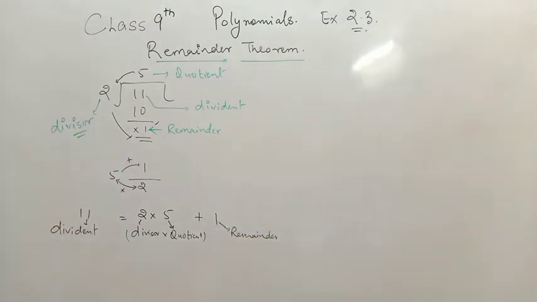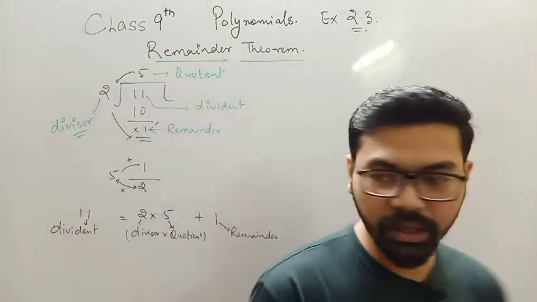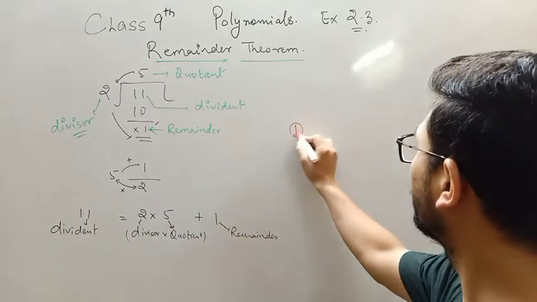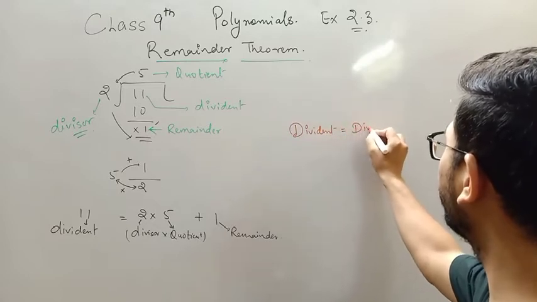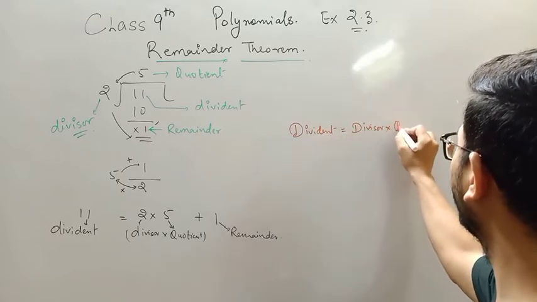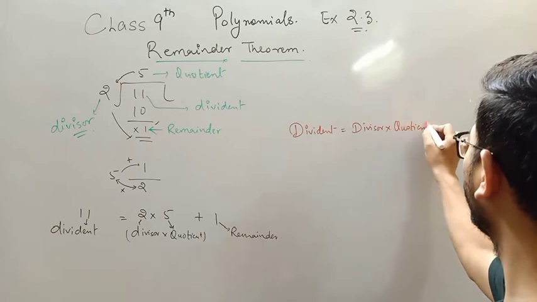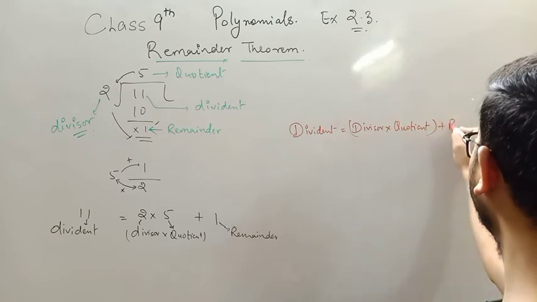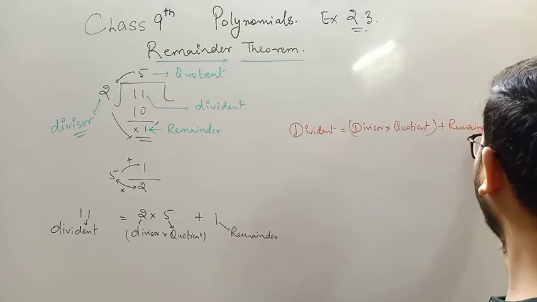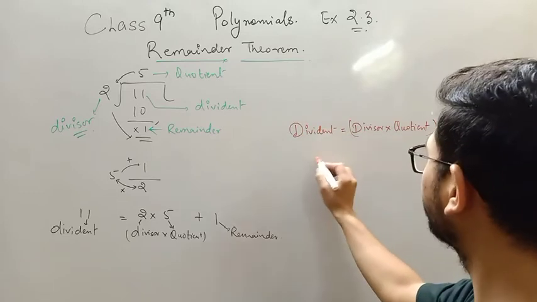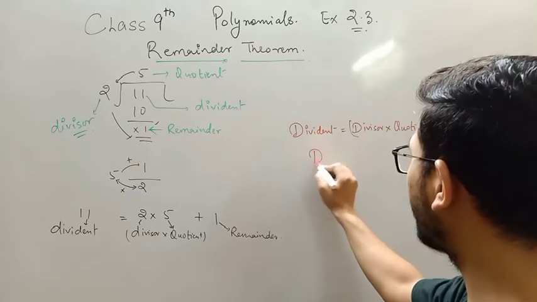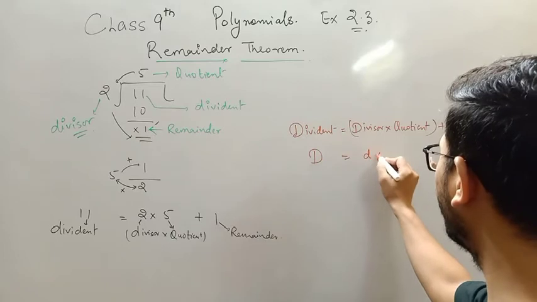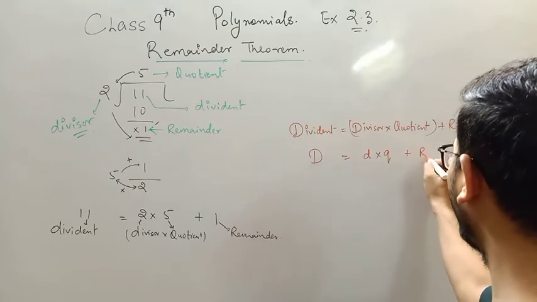So the complete formula comes out to be dividend is equal to divisor into quotient plus remainder, or you can simply write, let's say dividend is capital D, divisor is small d into Q plus R.